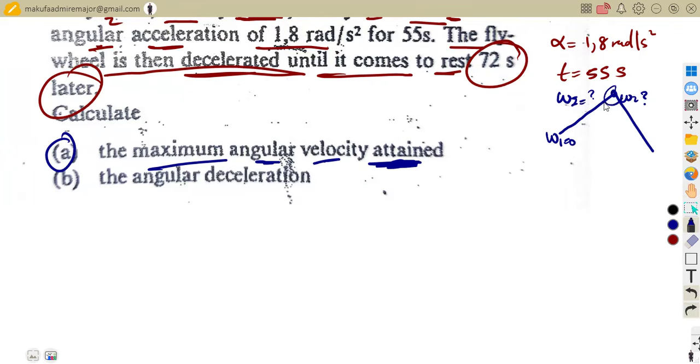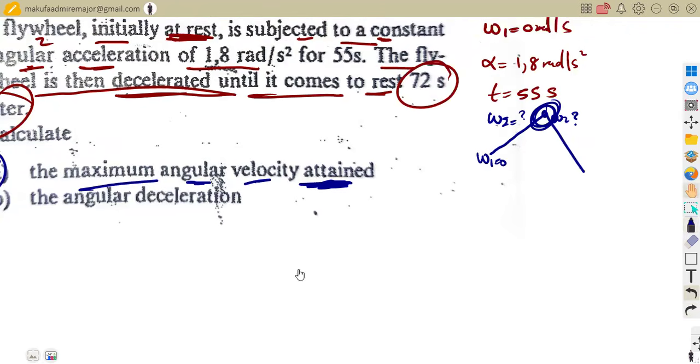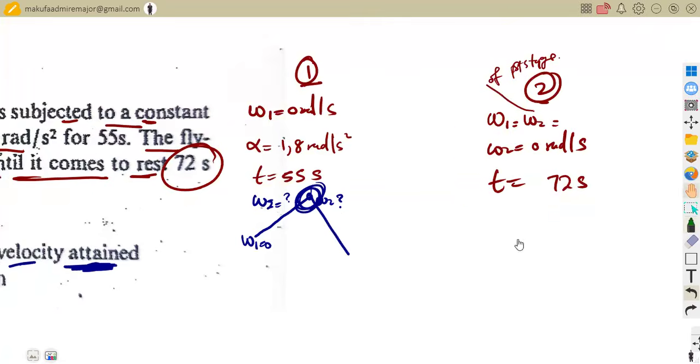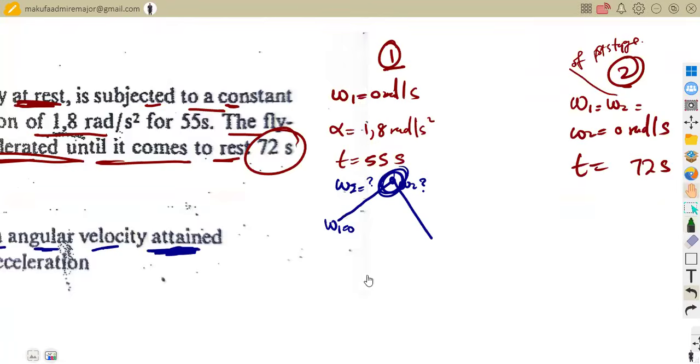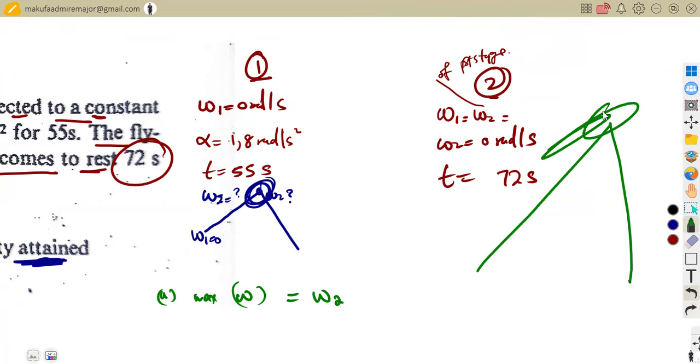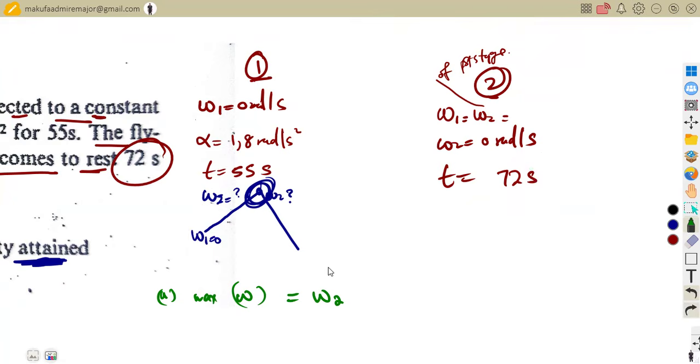So the maximum angular velocity is simply omega2, the final velocity of the first stage. It reached that velocity, then it went down. So that is the maximum. It cannot go any further than that because it went down from there. That was the idea of the question.